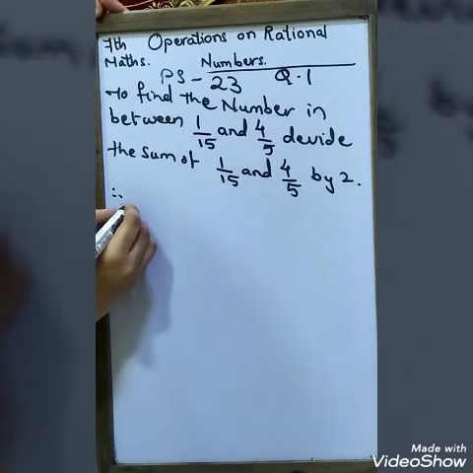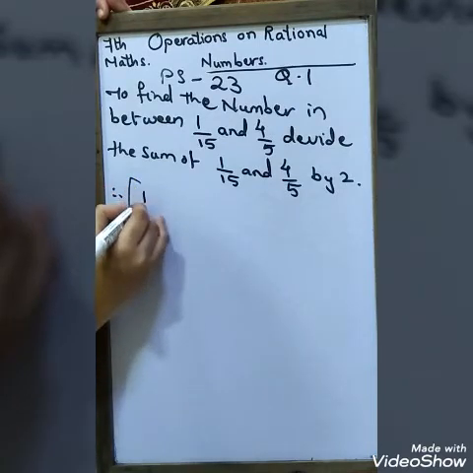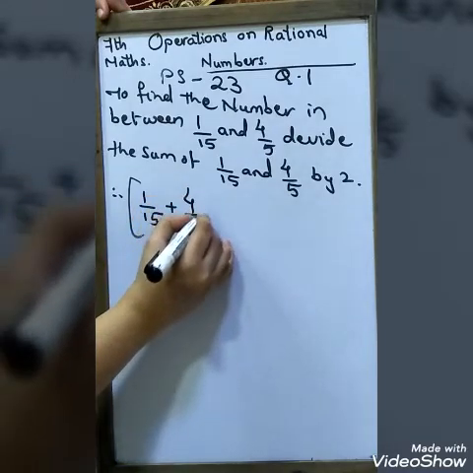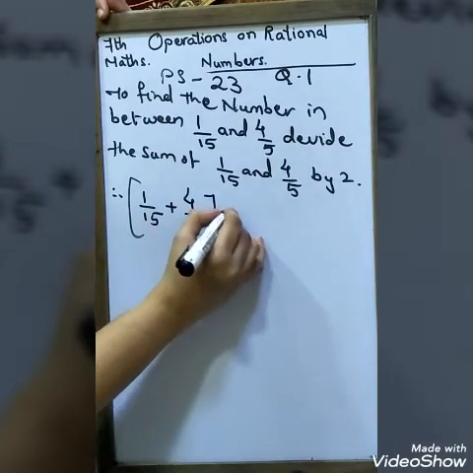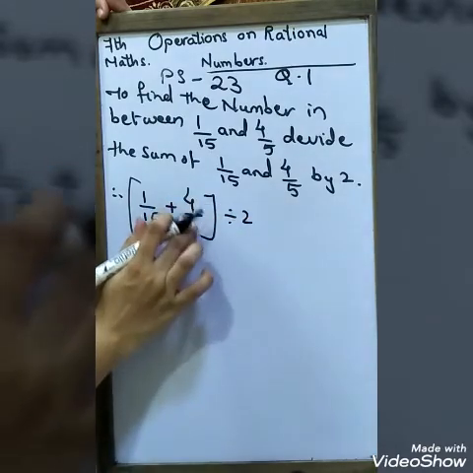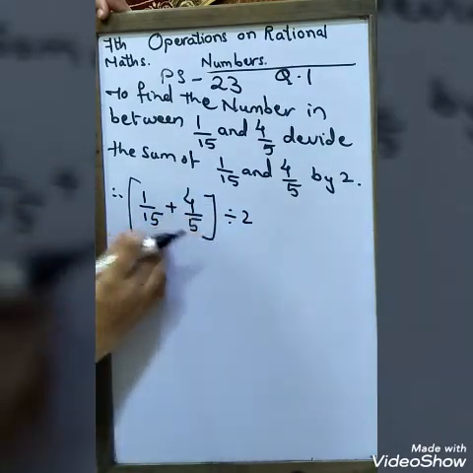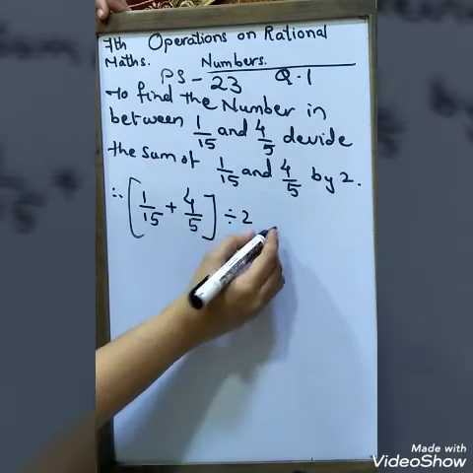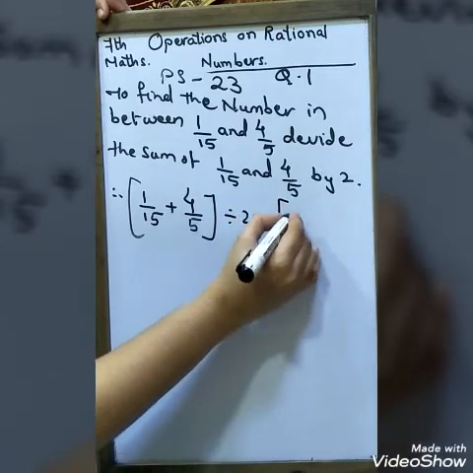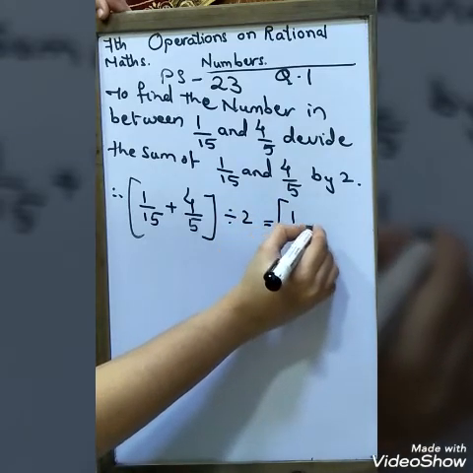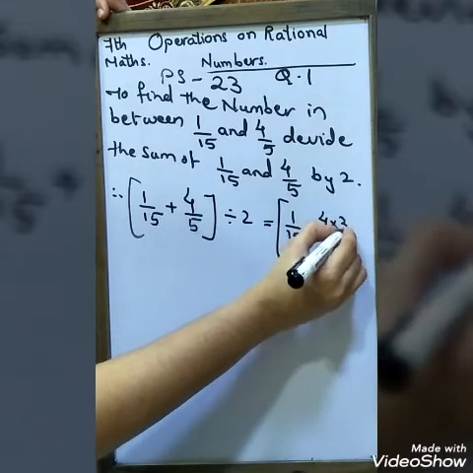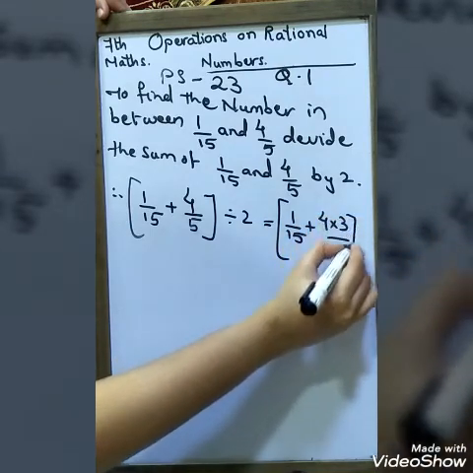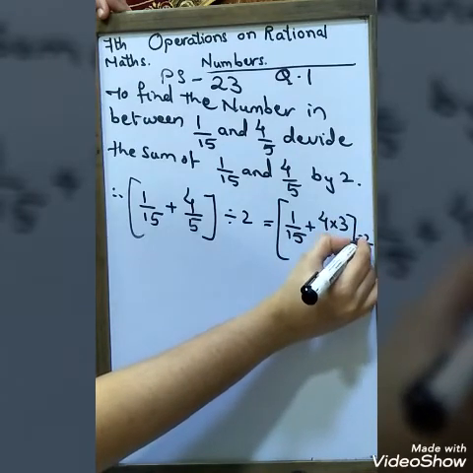So therefore the answer will be like this way: 1 upon 15 plus 4 upon 5 divided by 2. So again denominators are different, so we are supposed to make the 5 as 15. So here what we will do, 1 upon 15 plus 4 into 3 upon 5 into 3 divided by 2.